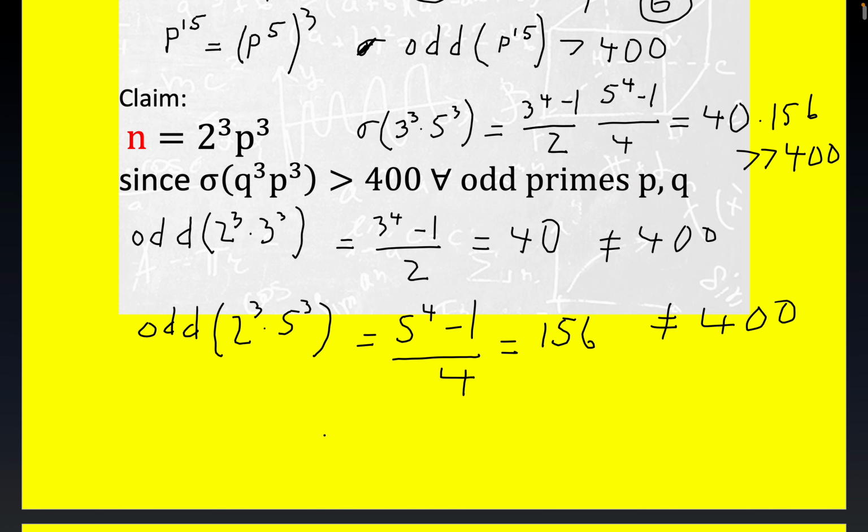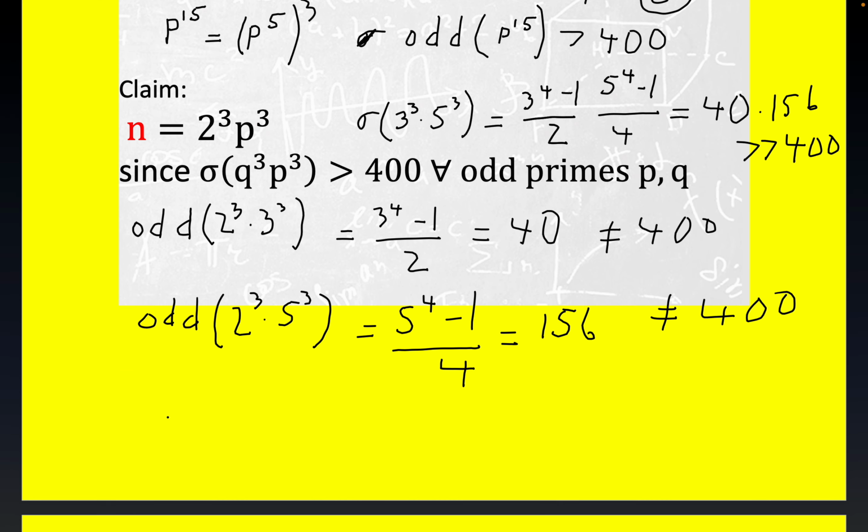All right, and then let's try out odd of 2 cubed times 7 cubed. Again, we are ignoring the 2's.